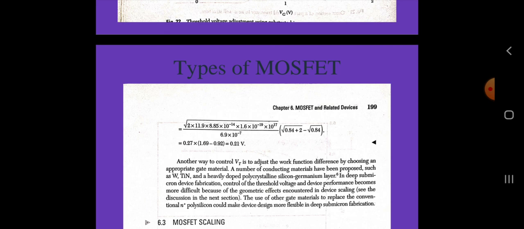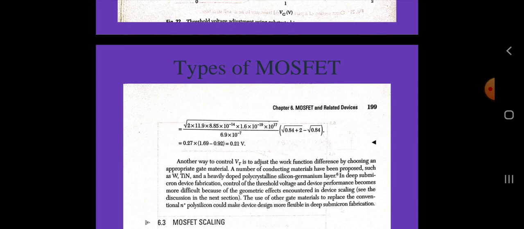Another way to control VT is to adjust the work function difference by choosing an appropriate gate material. A number of conducting materials have been proposed, such as tungsten, titanium nitride, and a heavily doped polysilicon germanium layer. In deep submicron device fabrication, control of the threshold voltage and the device performance becomes more difficult because of the geometric effects encountered in device scaling.